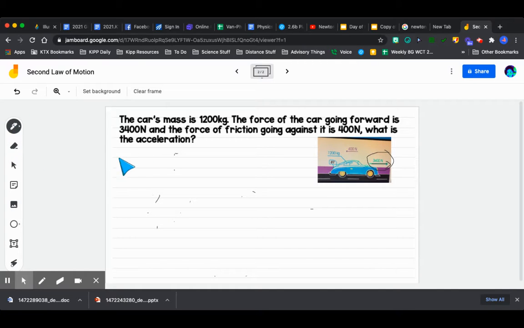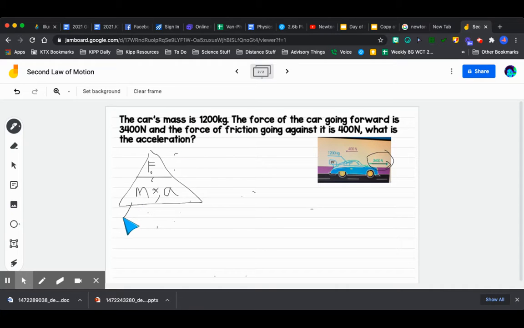Our force triangle is, always remember, F on top, m a on the bottom. This means dividing. This means multiplying. So all you have to do is substitute it into your triangle.